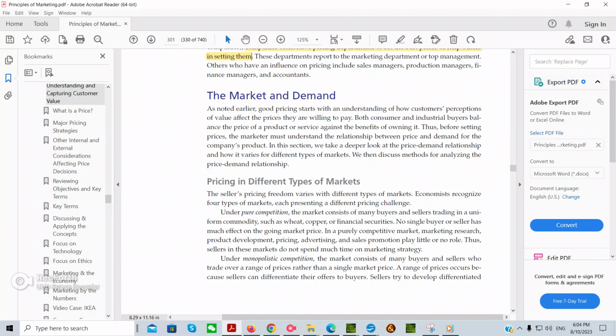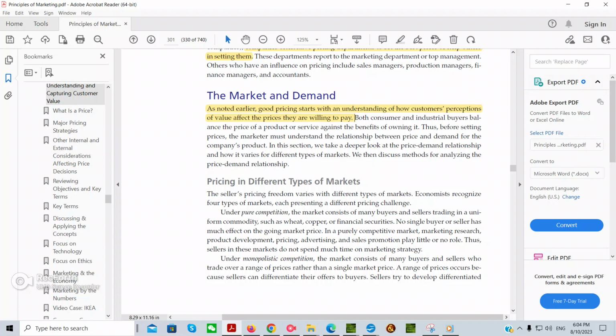Okay, now, as noted earlier, good pricing starts with understanding how customers' perceptions of value affect the prices they're willing to pay. Both consumer and industrial buyers balance the price of a product or service against the benefits of owning it.